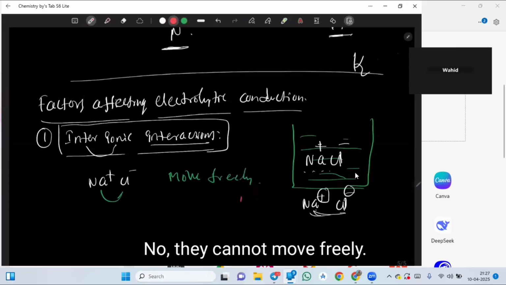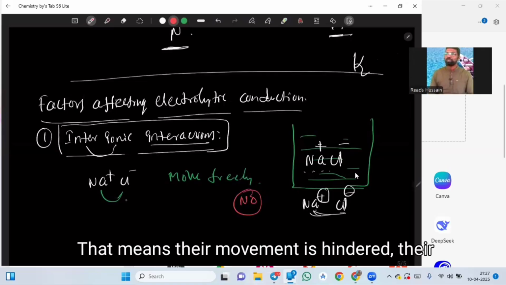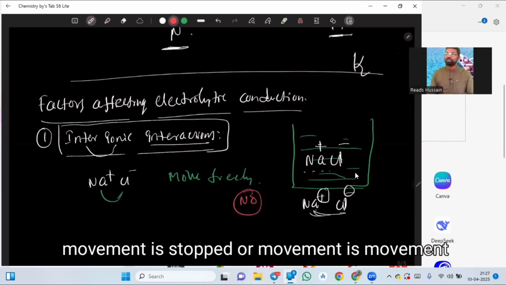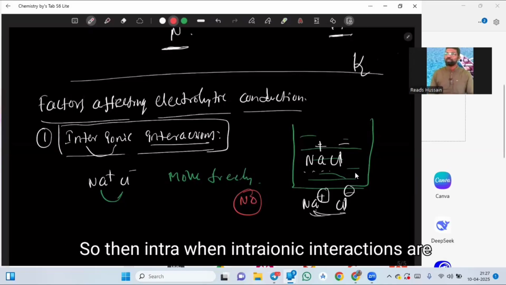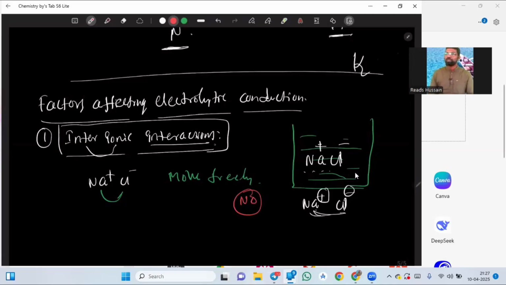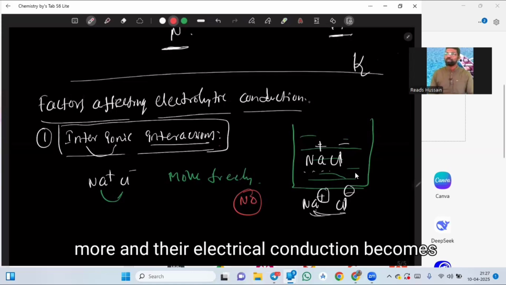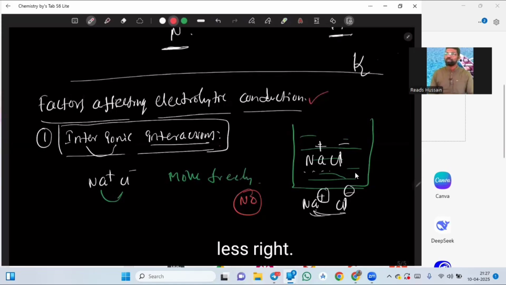No, they cannot move freely. That means their movement is hindered, or becomes less. So when inter-ionic interactions are more, electrical conduction becomes less.